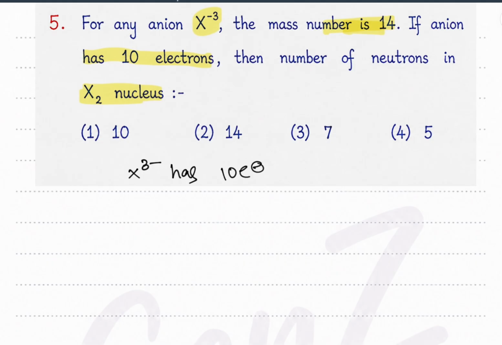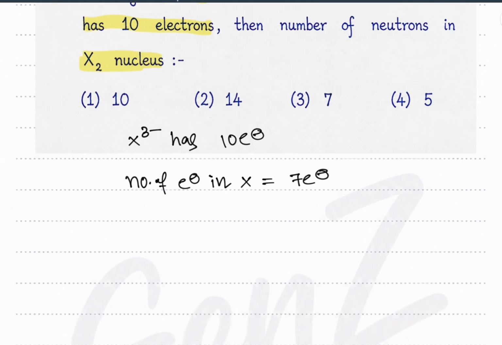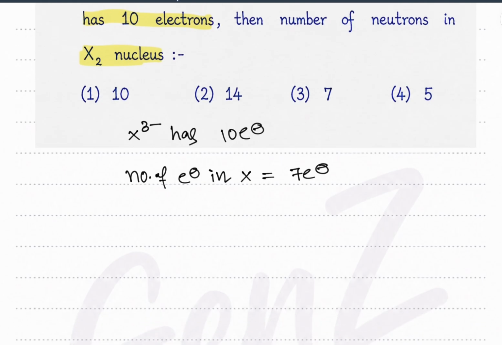That means the number of electrons in X equals 7 electrons. In a neutral atom, the number of electrons equals the number of protons. That means the number of protons is also 7.